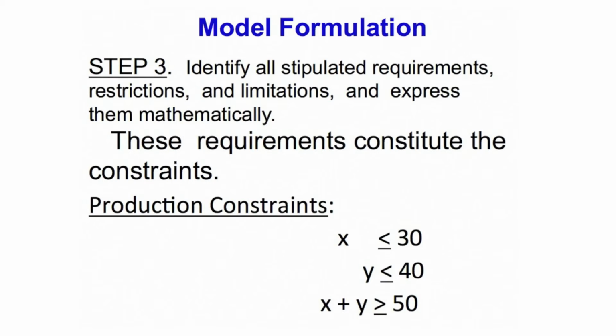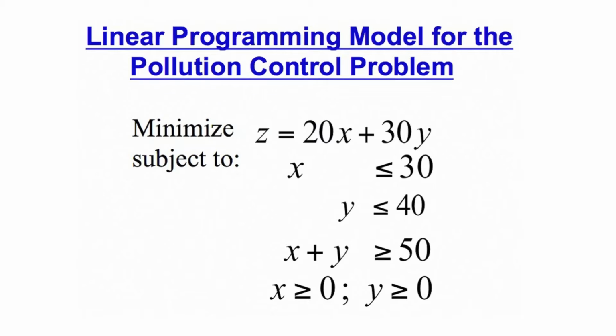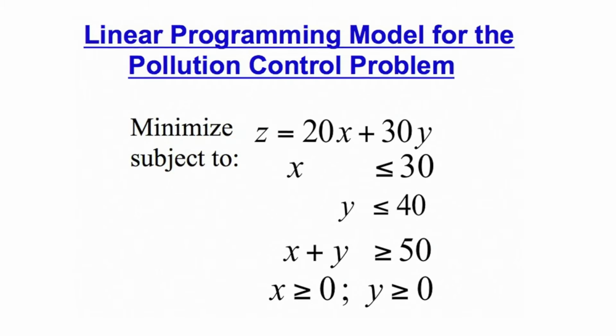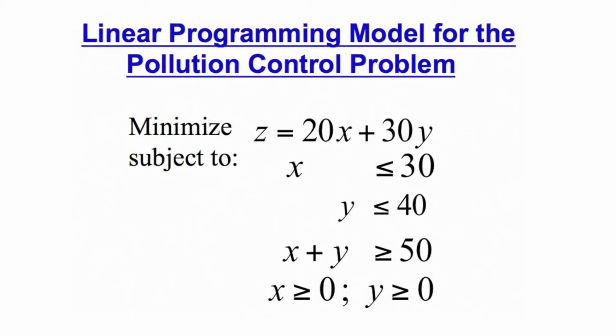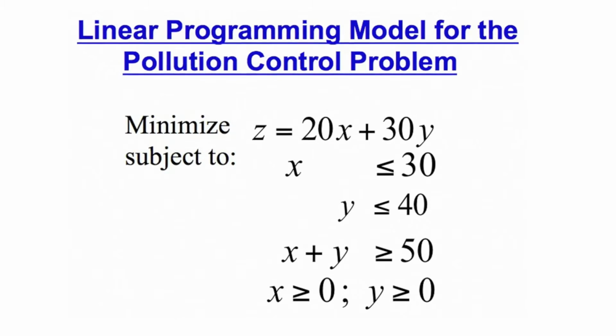We express the hidden conditions as the non-negativity restrictions: X greater than or equal to 0, and Y greater than or equal to 0. So the complete model for the pollution control problem is as follows. Minimize Z equals 20x plus 30y subject to the production constraints and the non-negativity restrictions.